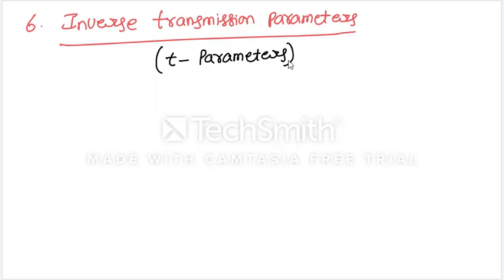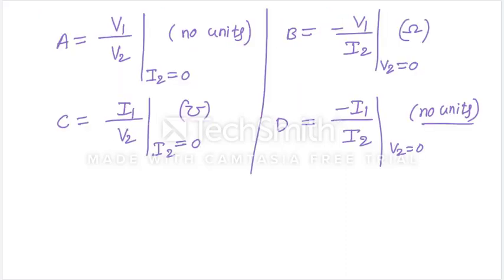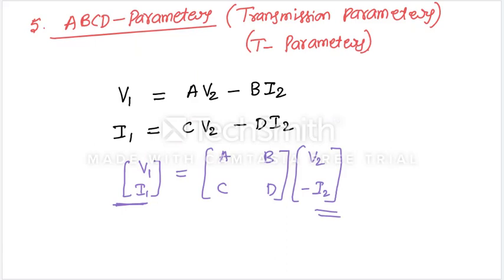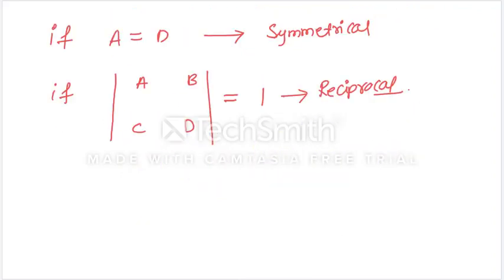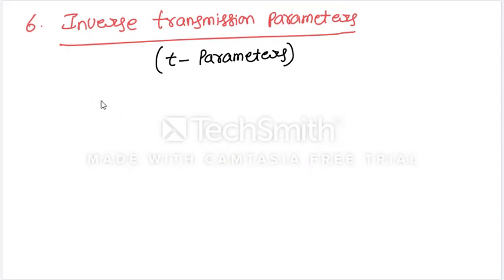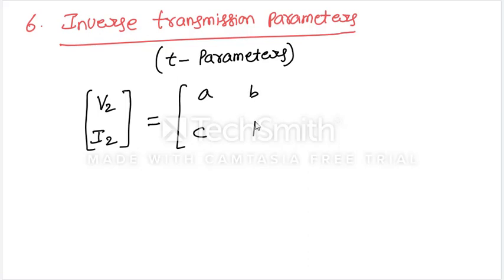Same as earlier, we simply interchange the dependent and independent variables. Previously this matrix and this matrix are interchanged. So now V2 and I2 equal the matrix A, B, C, D times V1 and minus I1.